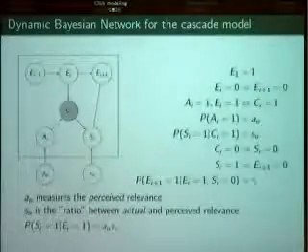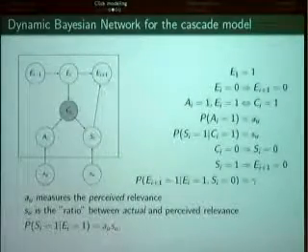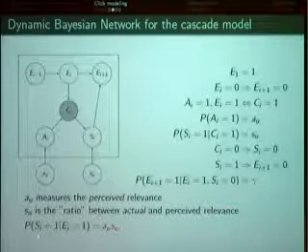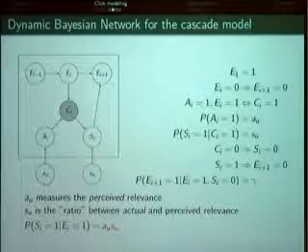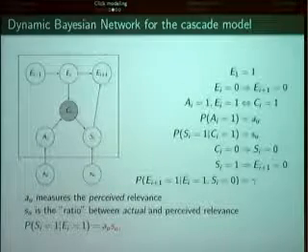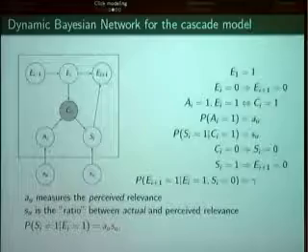The quantity of interest is in fact the product of the two, because I'm interested in the probability that the user is going to be satisfied given that he has examined this position. You can write it down easily, and you'll see that it is the product of AU times SU.